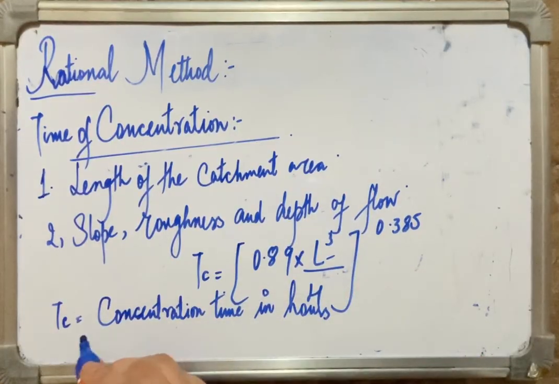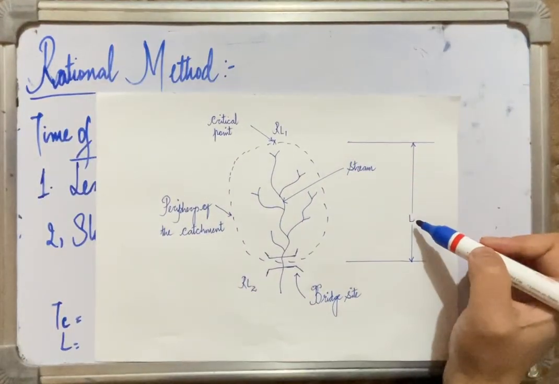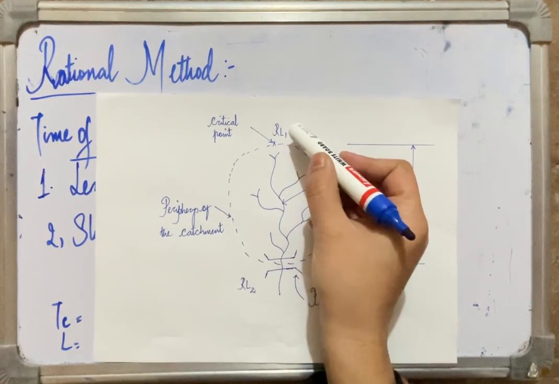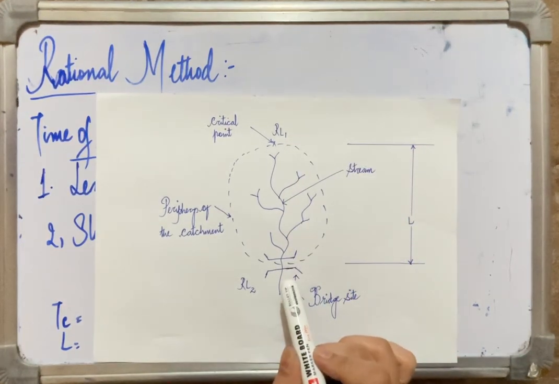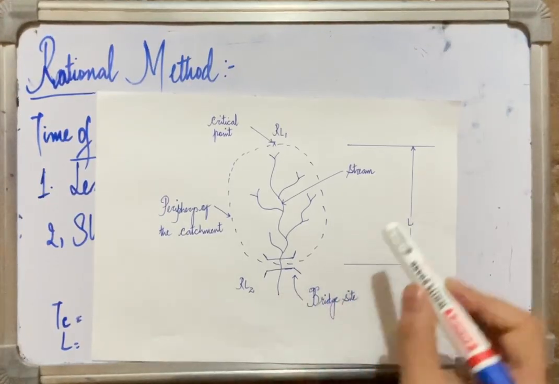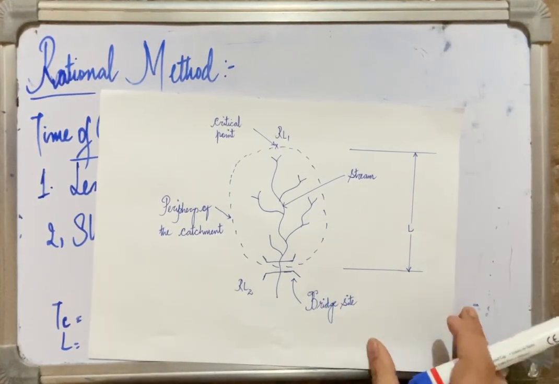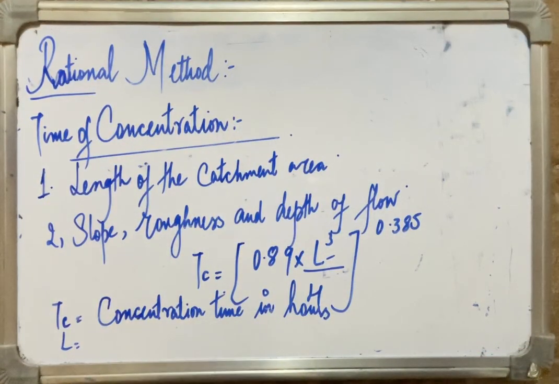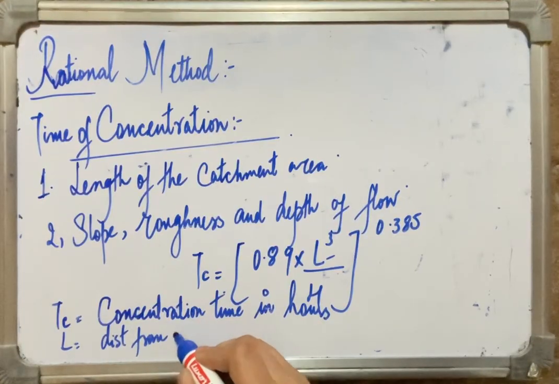L is the distance from the critical point to the site of bridge or culvert in kilometers. L is the distance from the critical point to the proposed site of construction of the bridge or culvert, and that too in kilometers.